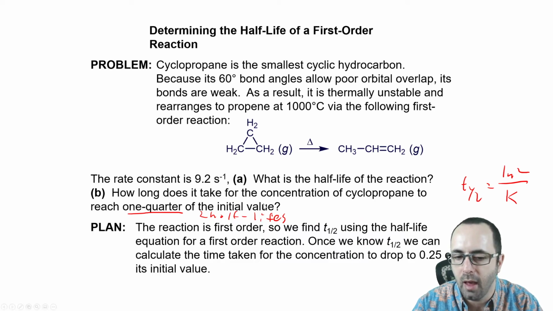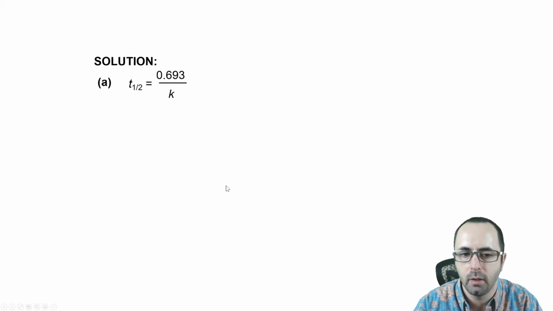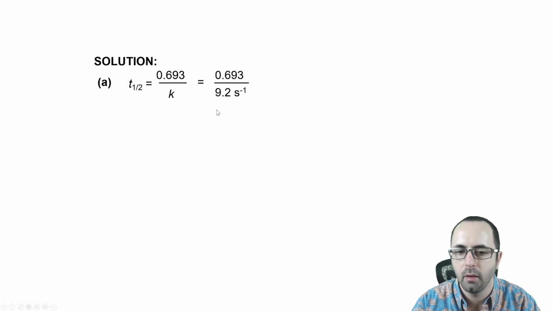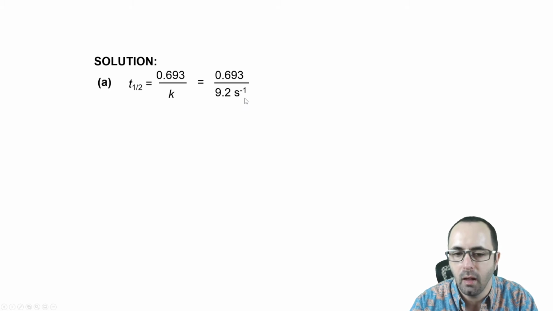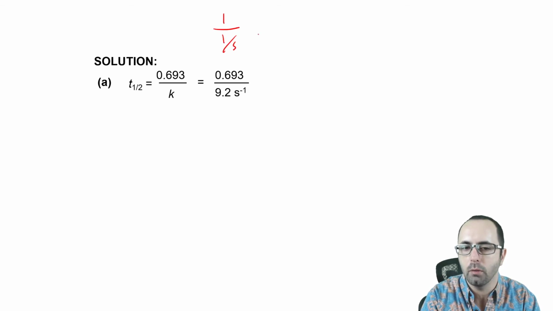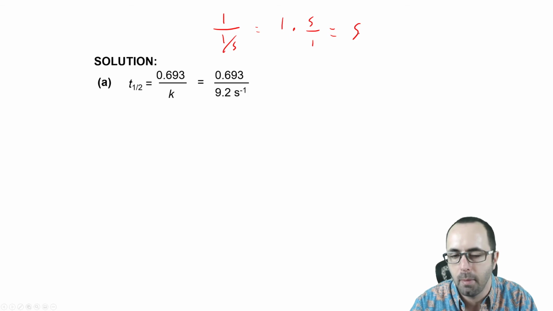So let's figure out the half-life. We got the rate constant here, 9.2 inverse seconds. So the half-life will be the natural log of 2, or 0.693, divided by the rate constant. So we put the rate constant in, 9.2 inverse seconds. Remember, inverse seconds is 1 over seconds. So in terms of units, we have 1 over seconds, or this is the same as 1 over second, 1 times seconds over 1, or just seconds.